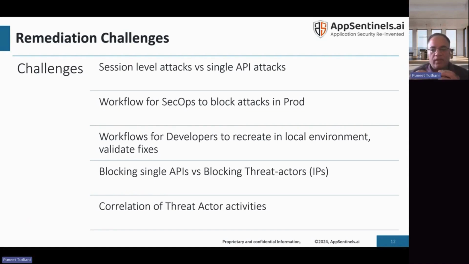So, ensuring that the right data is available, the right evidence is available in such scenario for the security analyst or even for the product teams when they would have to validate this is one of a very tough problem. So session level attacks is really a very tough thing for API, making the remediations quite challenging.